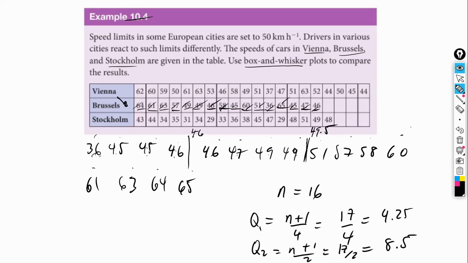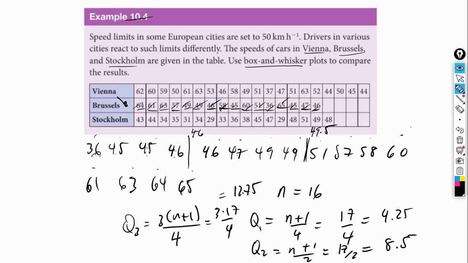And then for the third quartile, it would simply be 3 times n plus 1 divided by 4. And this is going to give us 3 times 17 divided by 4, which is equal to 12.75.